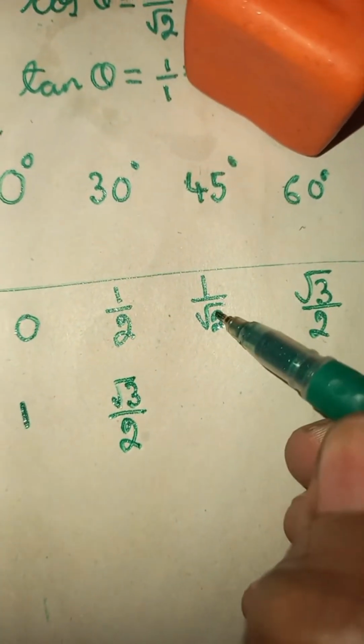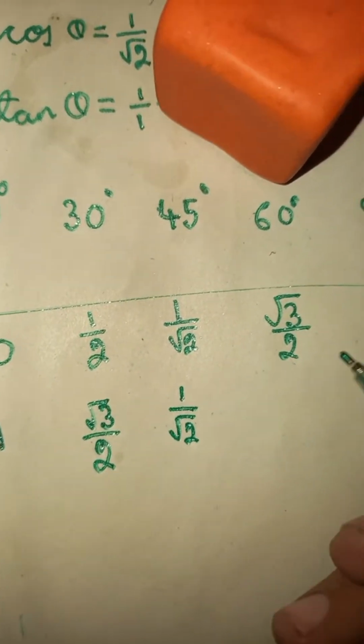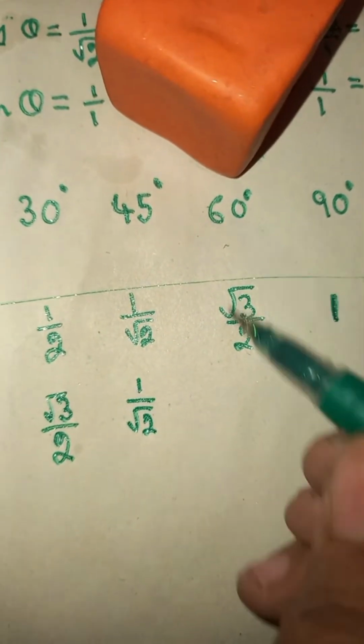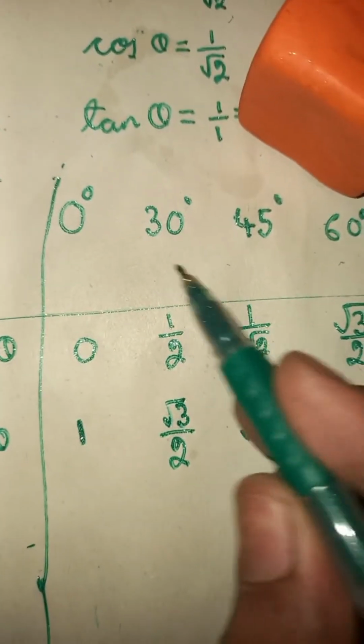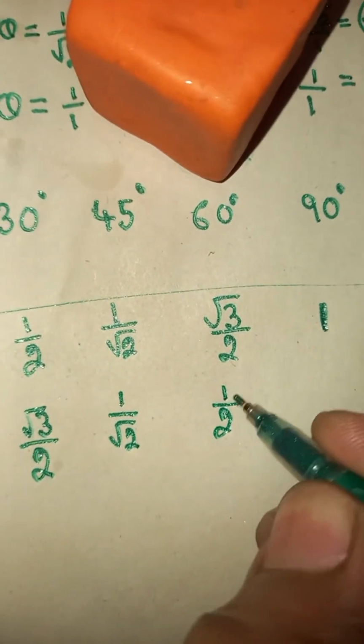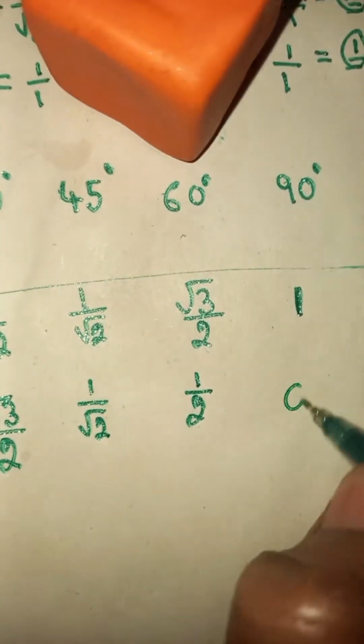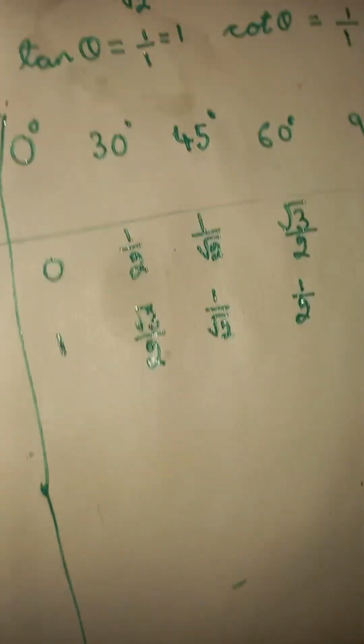And 45 degree remains the same for both, so cos 45 becomes 1 by root 2. Cos 60 degree means 30 degree in sine, that is half. Cos of 90 degree is nothing but sine 0 degree, which is 0.